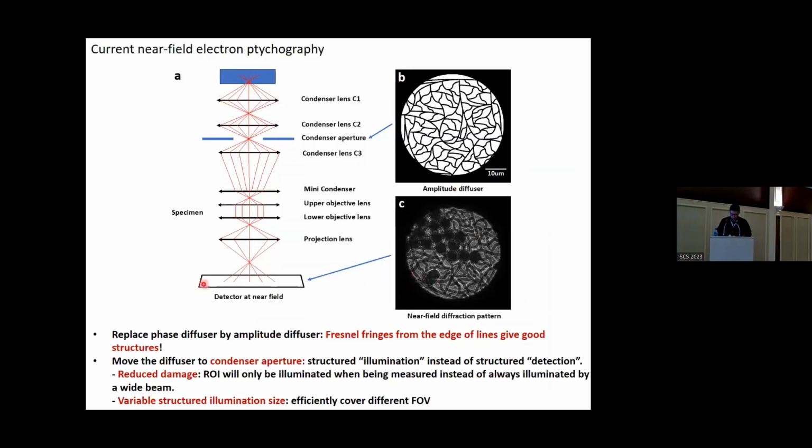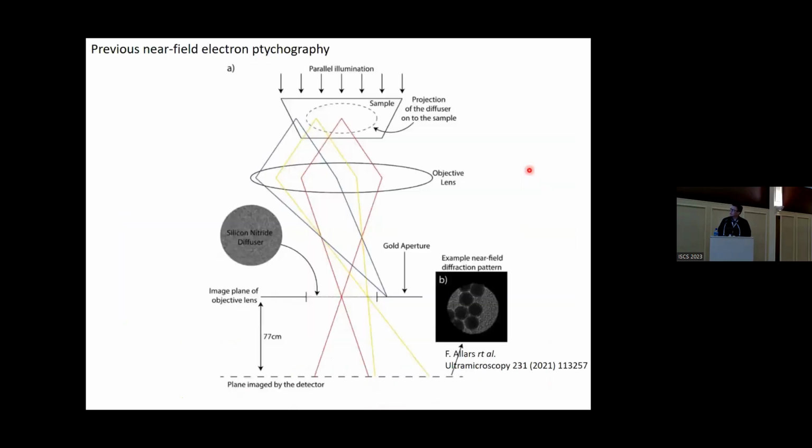The reason we are moving the diffuser from the ISCA to the condenser aperture is that we want to be able to change the illumination size. Previously, in its design, the illumination size is limited by the physical size of the ISCA.